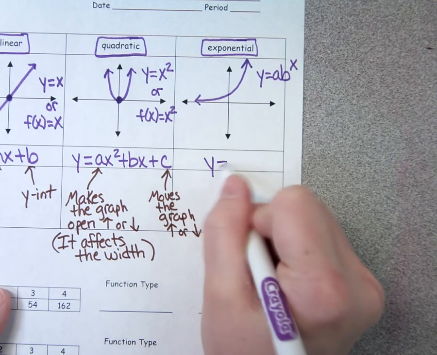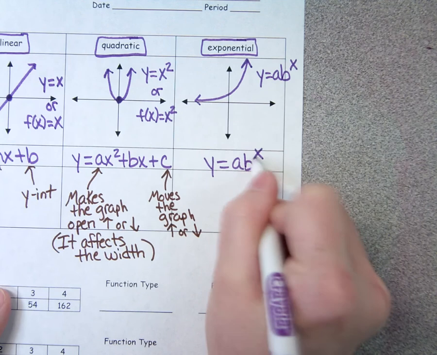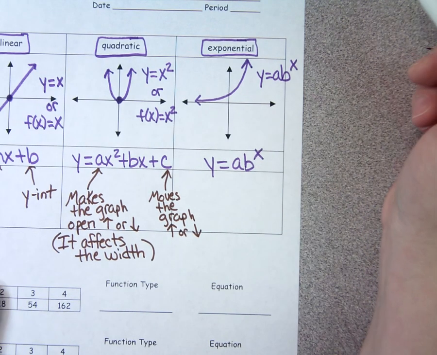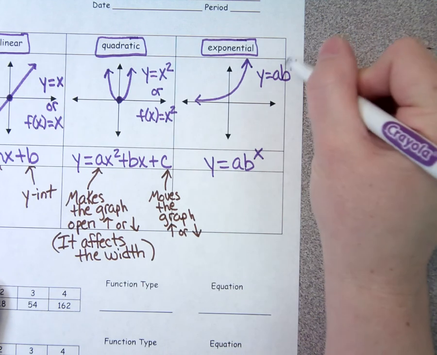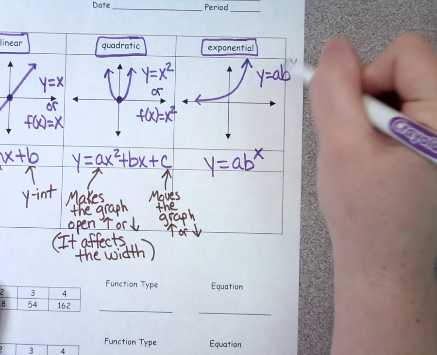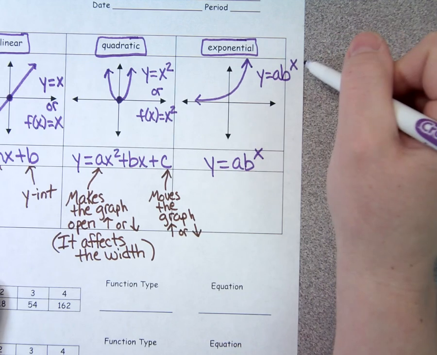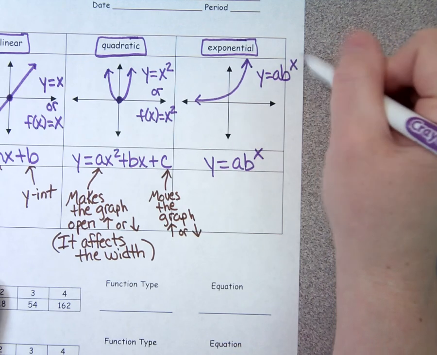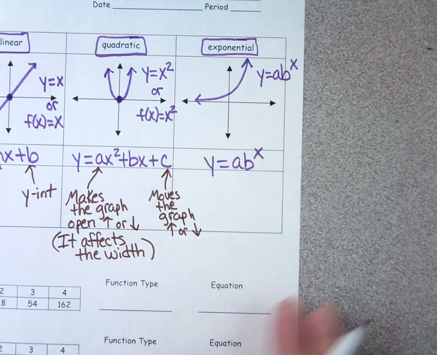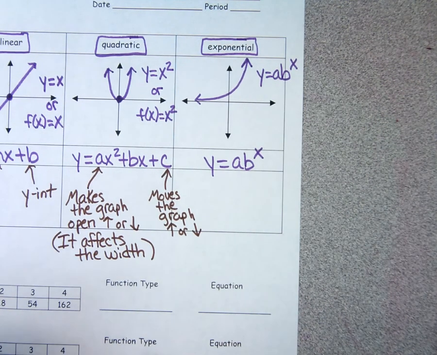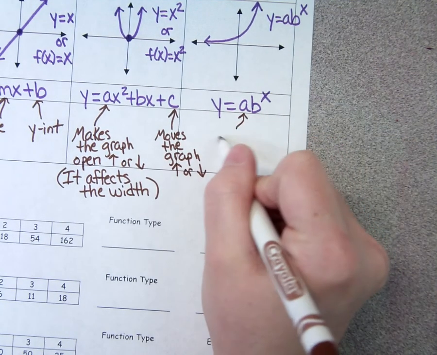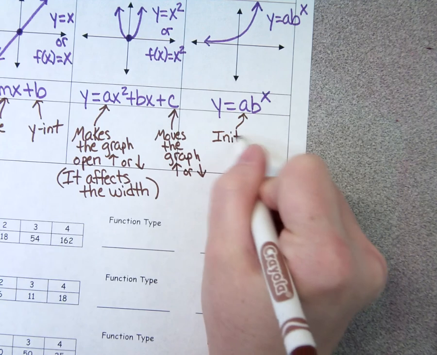I'm going to go ahead and just write that same equation down here. If a function is exponential, then that means the x is the exponent. Exponential, x is the exponent. So if you see your x as an exponent, then we're talking about an exponential graph. One thing to talk about here is A is our initial amount.